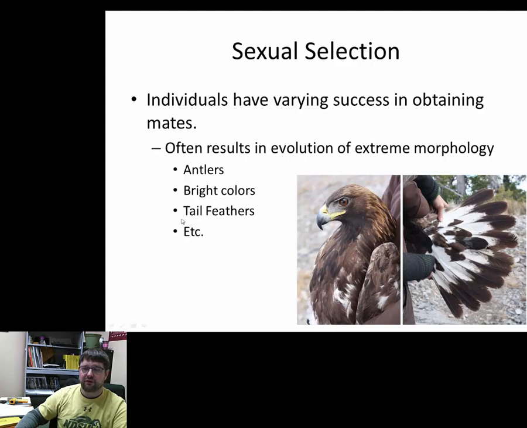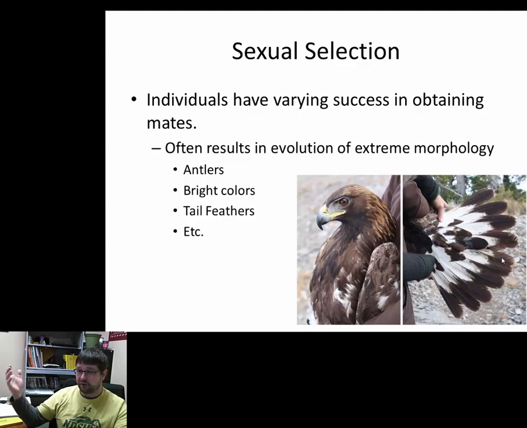Now, one of the key things that I want to talk about is back when I said that some genes are conserved and some genes are not. So you can probably alter the tail feathers of an organism to a degree. Now, peacocks are an extreme.